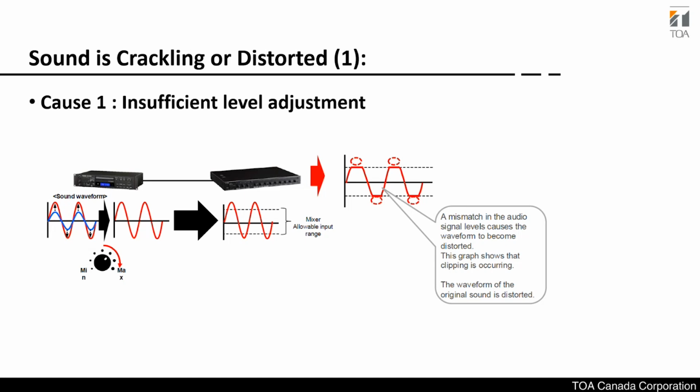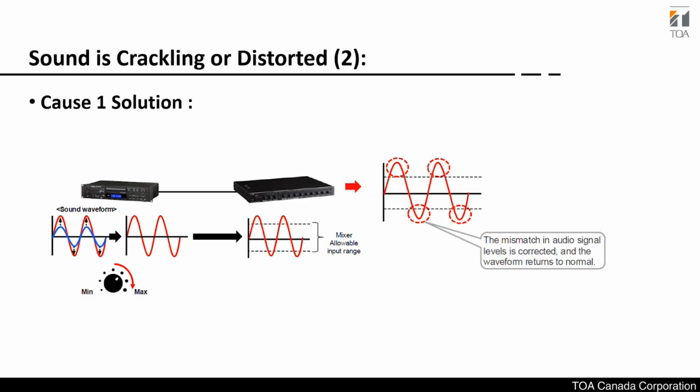There's a mismatch in the audio signal levels, causing the waveform to be distorted or cut. Usually this happens a lot in microphone setups. So here comes the solution. Adjust the volume of each device to avoid excessive input levels by turning down the gain, so the mismatch of the audio signal levels will be corrected.